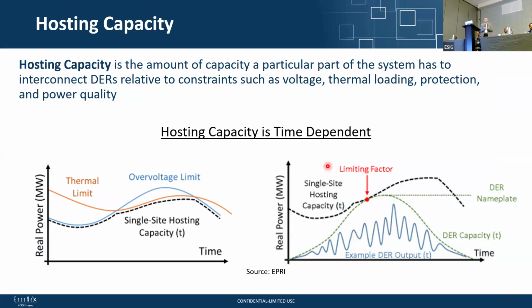You want to make sure hosting capacity always takes into account the most conservative limit to create the entire hosting capacity. So traditionally, you would take that DER nameplate capacity and make sure that at that single point of interconnection you will never violate any of that hosting.